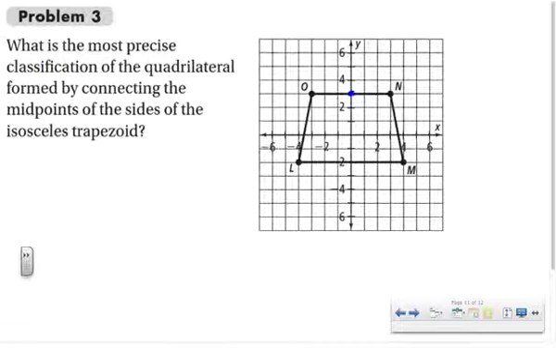Okay, so here's W, located at 0, 3. X is going to be the midpoint of MN. Y is another nice, pretty point that I can just count the spaces to find. Y is here at 0, -2.